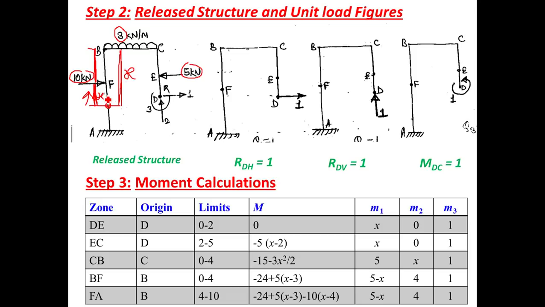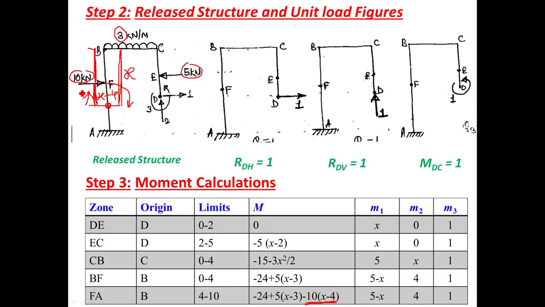It is x minus 4. So what is the moment of this 10? 10 into x minus 4, it will produce clockwise moment, so it is minus. So minus 10 into x minus 4 is the moment because of this 10 kilonewton. Look at the last row of this table. This is the third term, minus 10 into x minus 4. That is the moment because of the point load.